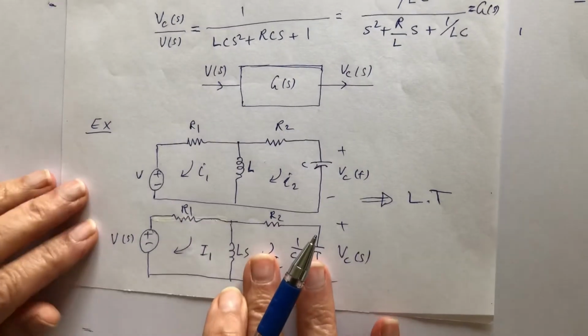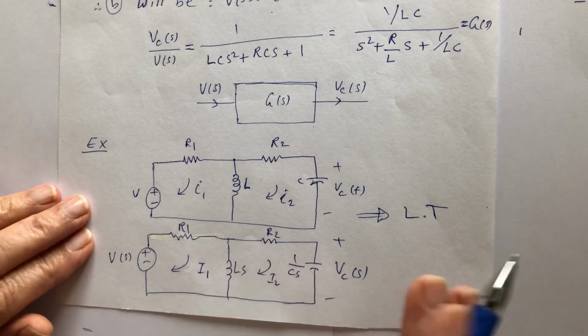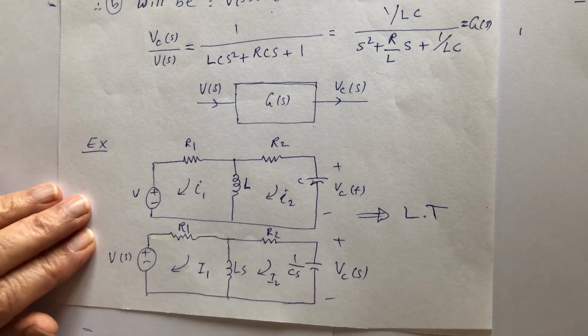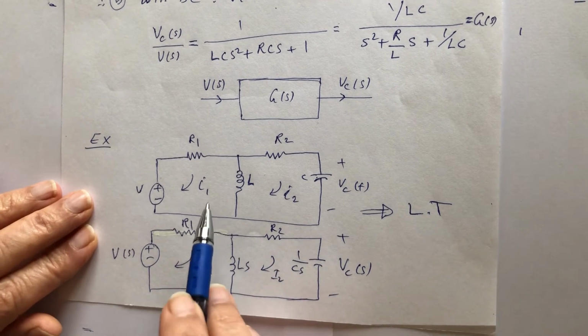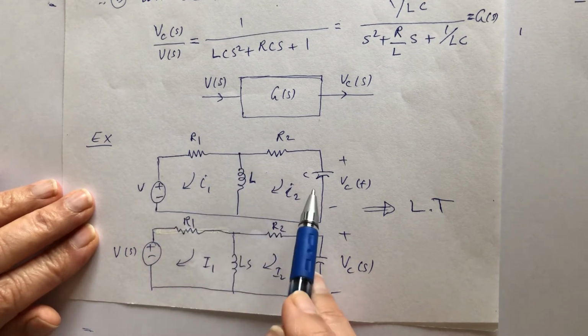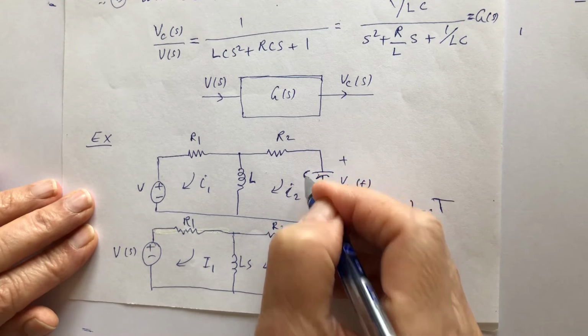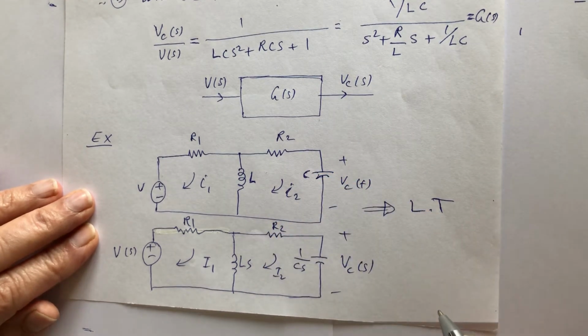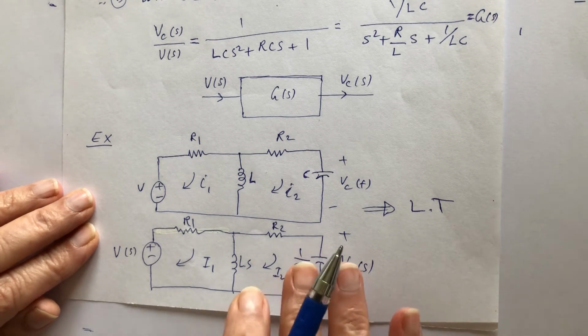Now, if we take a circuit with two meshes, we set I1, I2, and R1, R2, L, and a capacitor here, and maybe we choose I2 to be the output. So immediately put it into Laplace.